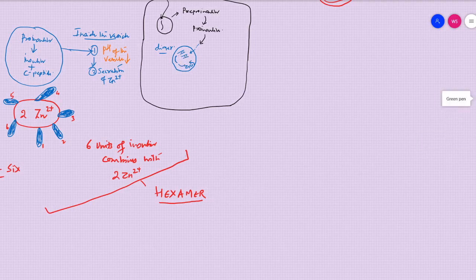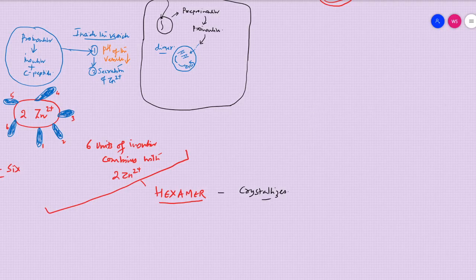This hexamer crystallizes within the vesicle. So the storage form of insulin is a crystal. Insulin, zinc, crystal. It's crystalline.